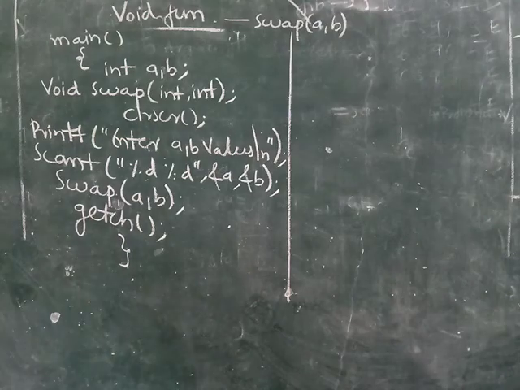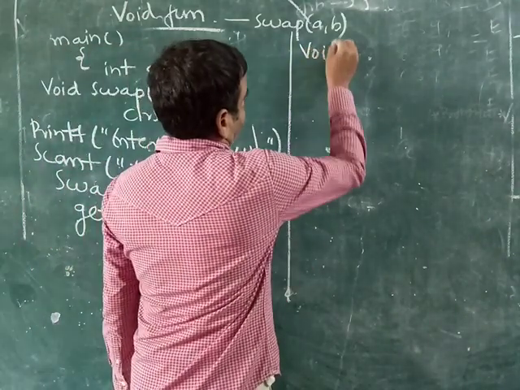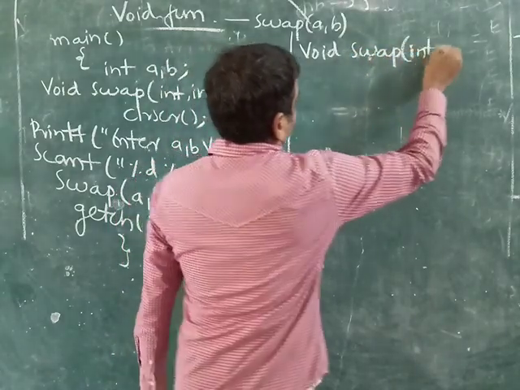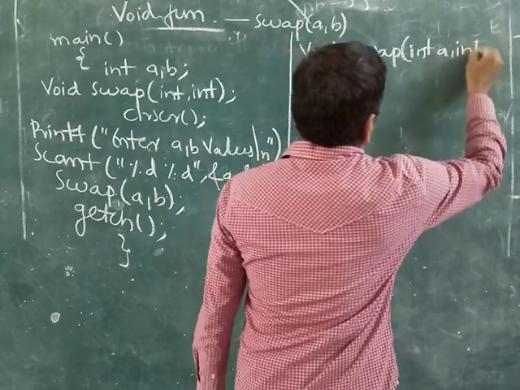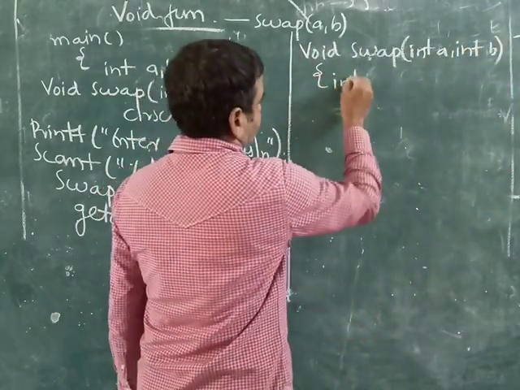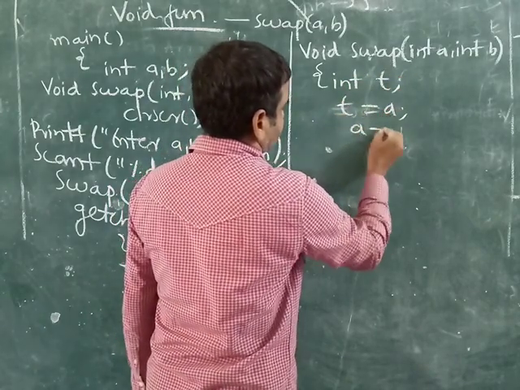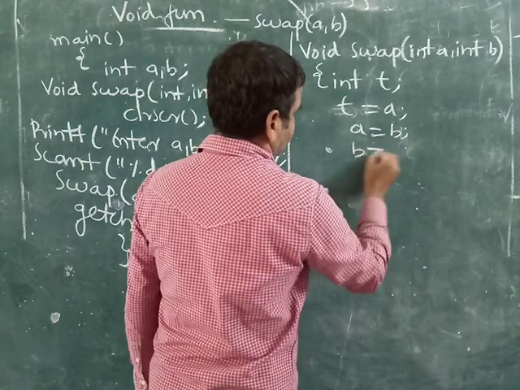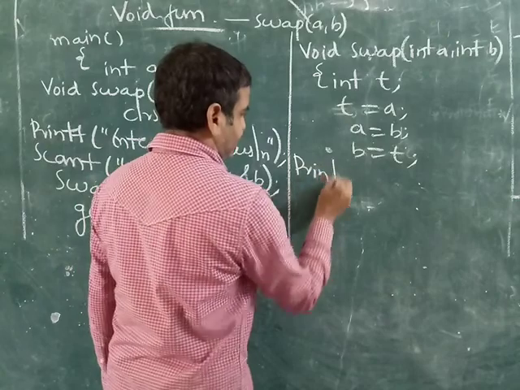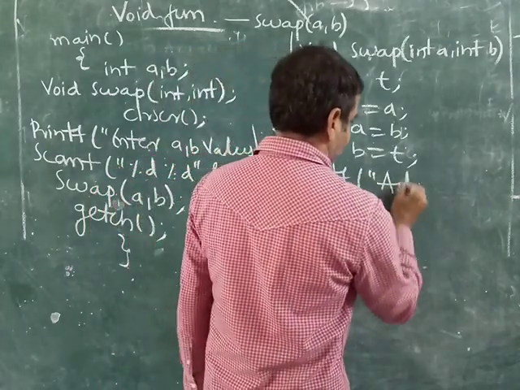Okay, so void swap, integer a comma integer b, then integer t is equal to a, a is equal to b, then b is equal to t. Printf after swapping.